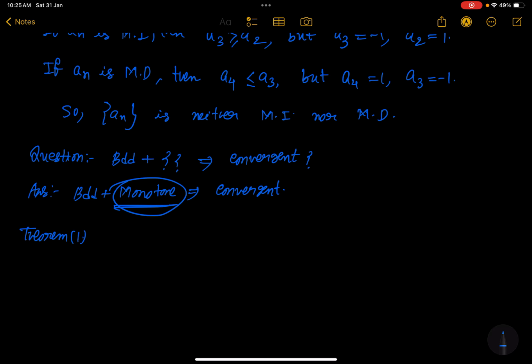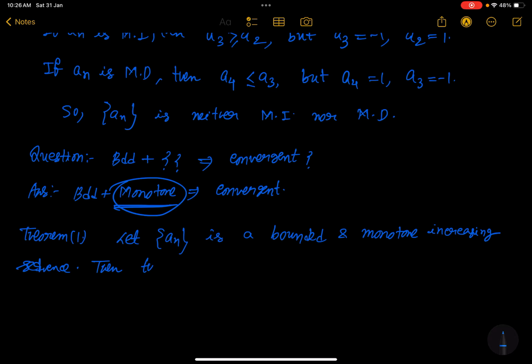Theorem 1. Let a_n be a bounded and monotone increasing sequence.